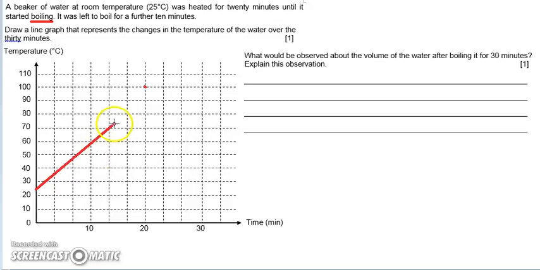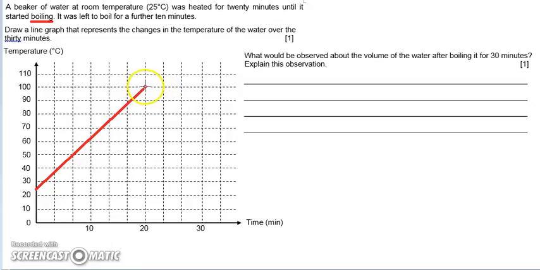So when water is heated, it gains heat, and the temperature will rise until it reaches 100 degrees. It was then left to boil for a further 10 minutes. And we know water boils at 100, and we know that liquid water cannot exceed 100.